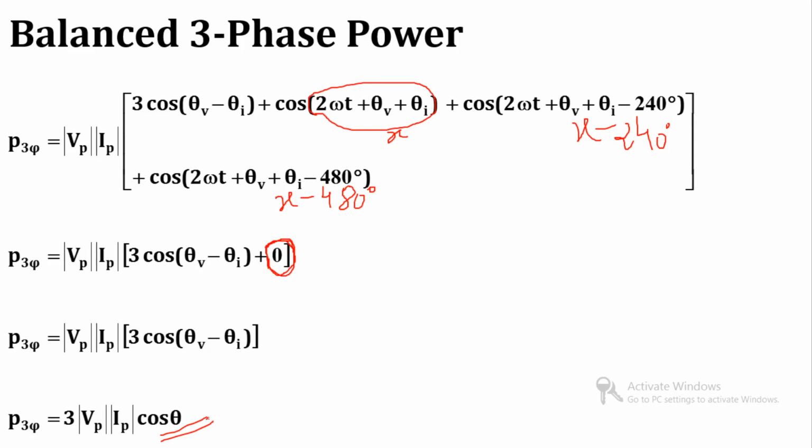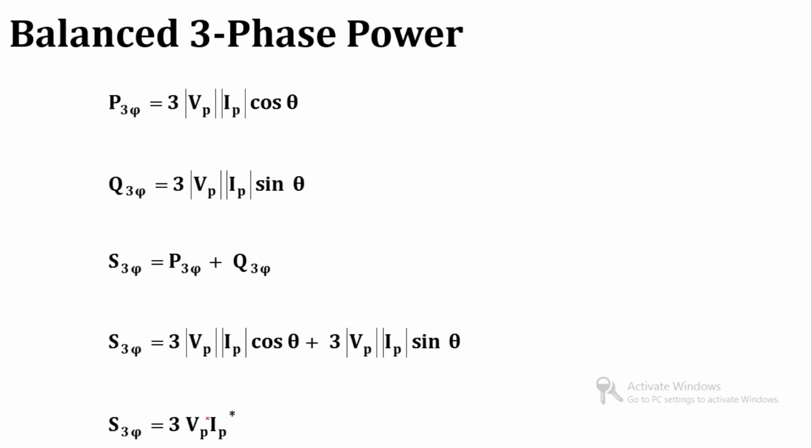So this is the active power. Similarly, I can write reactive power in the same manner: Q 3-phase is equal to 3|Vp||Ip| sin θ. So we have found active power and reactive power. So apparent power is equal to P plus jQ, clear.